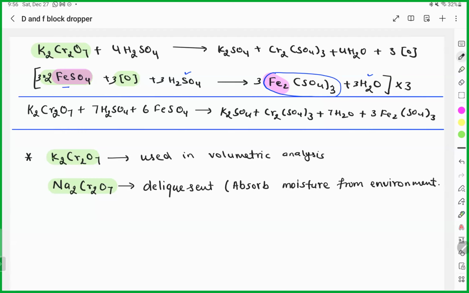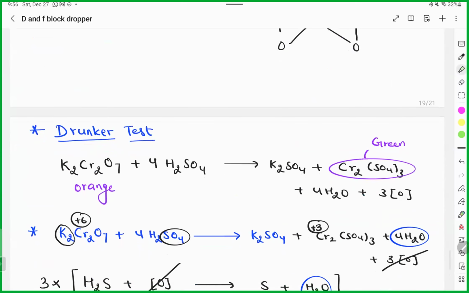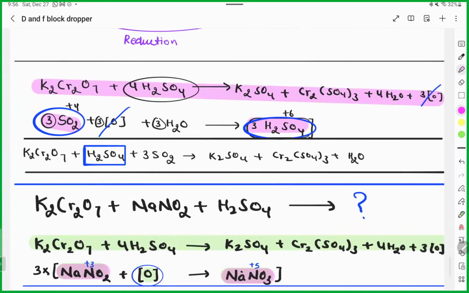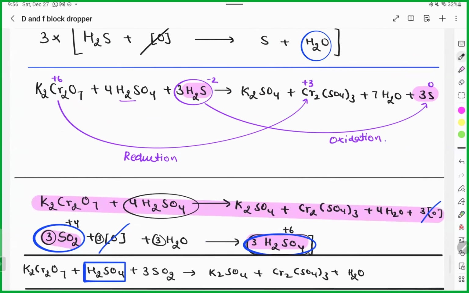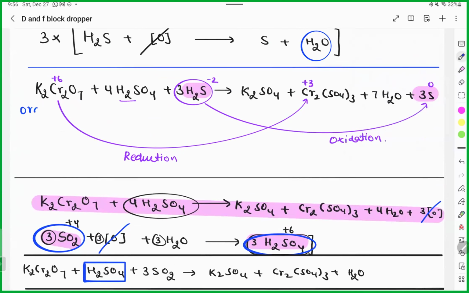Okay. And also always remember, though I wrote this already here, that this orange color K2Cr2O7 can convert into green color Cr2(SO4)3. Same thing you can write anywhere whenever you do. For example, you can write here also that this is orange color, just for practice. This is for green.